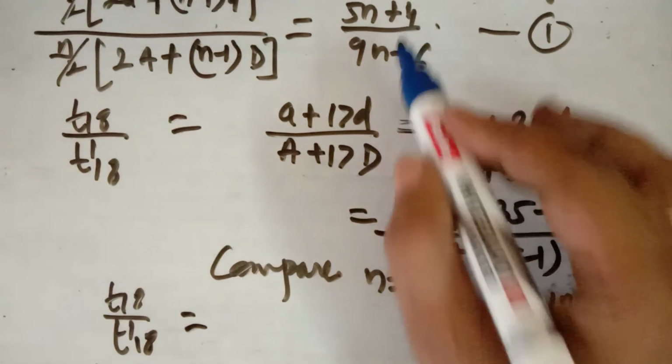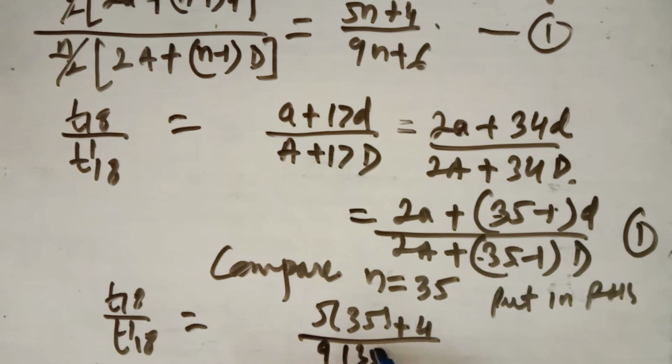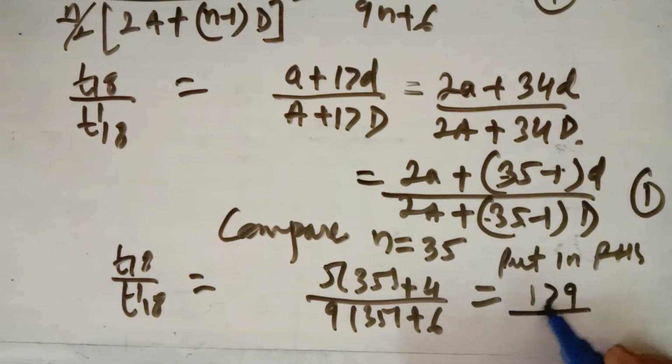And put n here. तो 5 into 35 plus 4 upon 9 into 35 plus 6. Simplify it, you'll get the ratio as 179 upon 321.